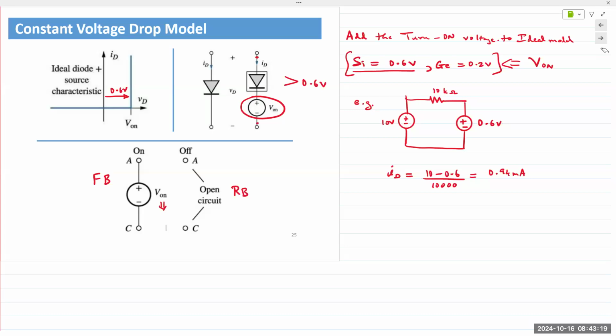Why would you ever use the ideal diode model over the constant voltage drop model if the latter gives more accurate results and it's already kind of similar? That's a very good question. The answer is when you want it to be quick. If you have multiple diodes in a circuit, and it also depends on what outcome we need.